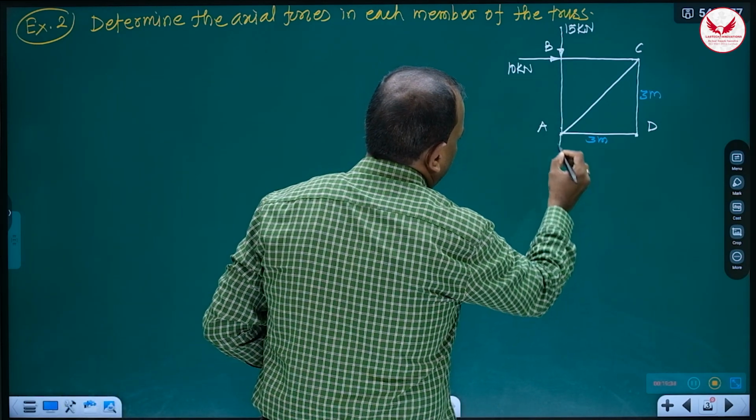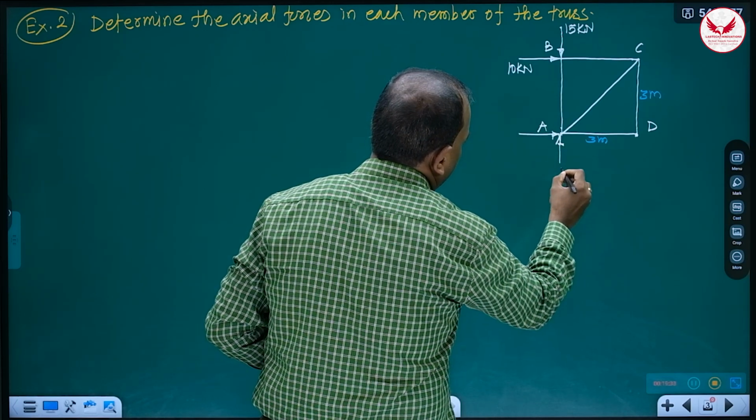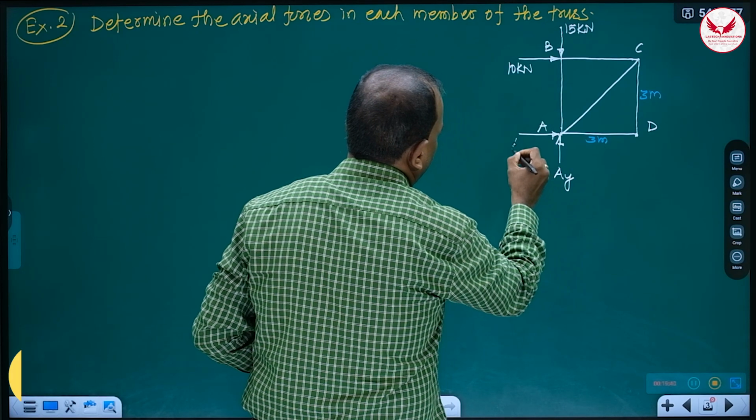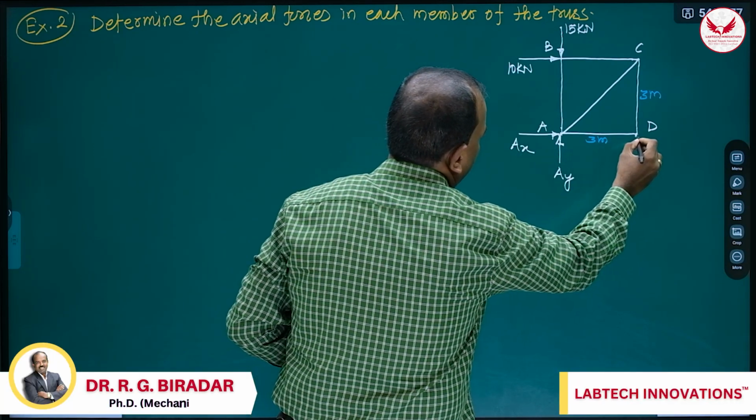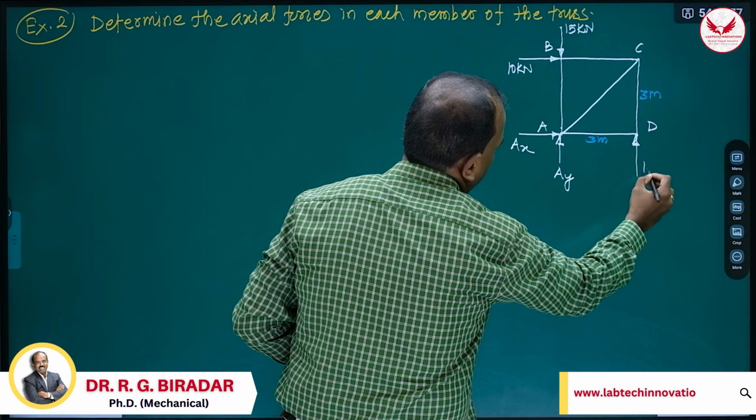So at A, as there is a hinge support, AX, AY, and a single reaction, it is RD.